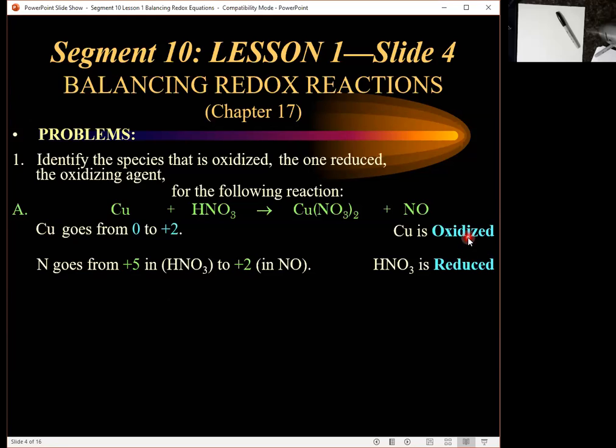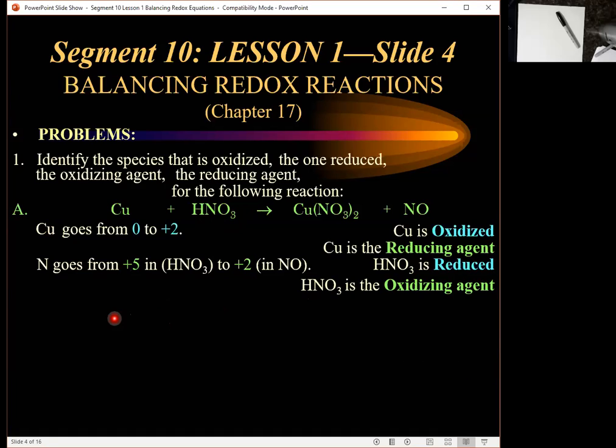Since copper was oxidized, the species that caused that was nitric acid. So nitric acid is going to be reduced, and the oxidizing agent will be the nitric acid. Reducing agent would be the other one. Again, I wouldn't try to memorize both of those. Just apply the definitions each time.